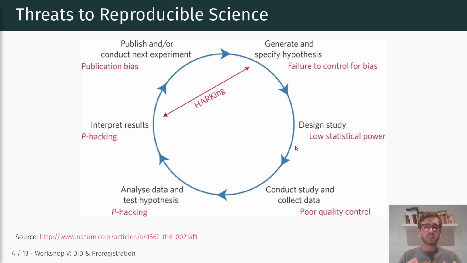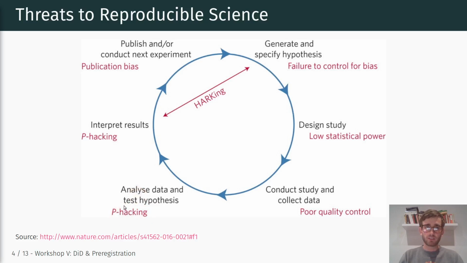And so obviously this can fail in many instances and can ultimately increase the likelihood of false discoveries, right? We have a couple of problems in each of these steps. Failure to control for bias when we generate specific hypotheses, running studies that have too low statistical power, poor data control. But then we have additional issues, especially when it comes to analyzing data and testing hypotheses.